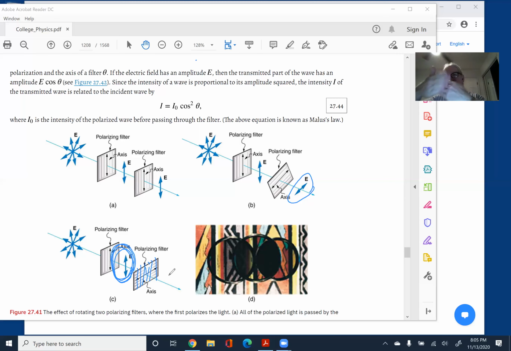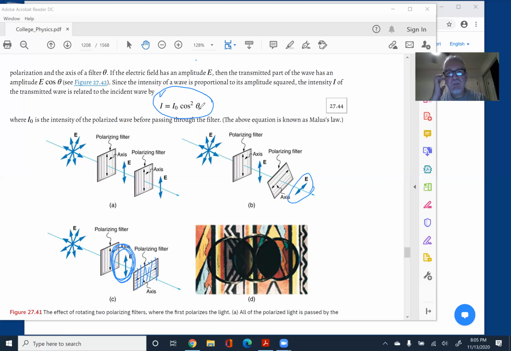If you're at an angle that is not exactly 90 degrees, some of the light gets through, otherwise none of it gets through. And that is captured by this formula that tells you that once you have already polarized light with a certain intensity, and you put it through a second filter for which the axis of polarization is at an angle theta with respect to the original polarization, the one in the middle, only so much gets through. And when the angle is 90 degrees, you get nothing.